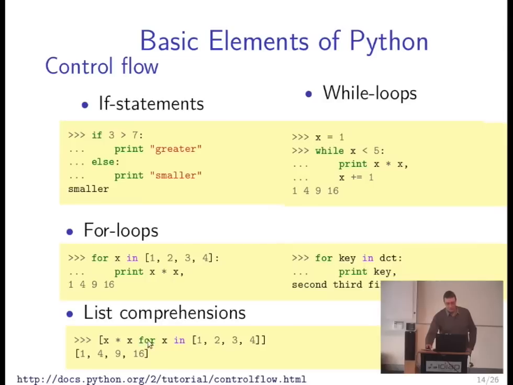Then you write an expression, and then you write a for loop, and you iterate over some elements in the list. For example, here we want to convert the list 1, 2, 3, 4 into the squares of these values. And so we say we want to have x times x, or x squared, for all x in this list. And you will end up with the list containing the elements 1, 4, 9, 16, which are actually the squared elements of the list. And these list comprehensions can be much more complicated than that.